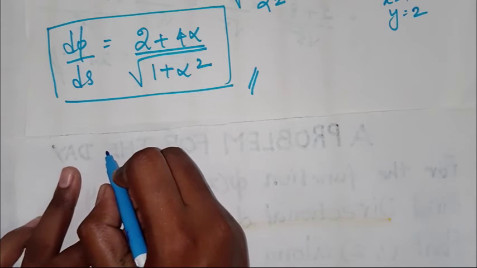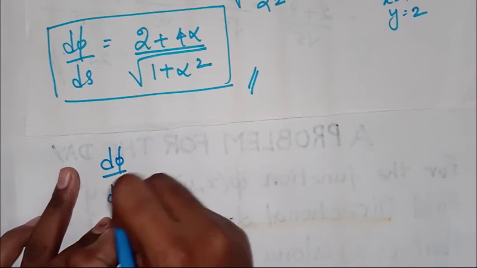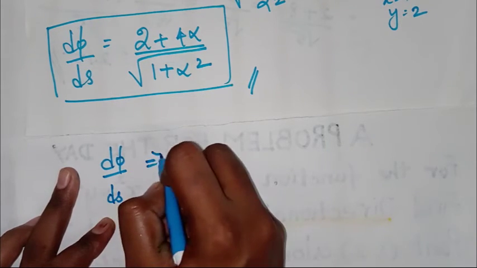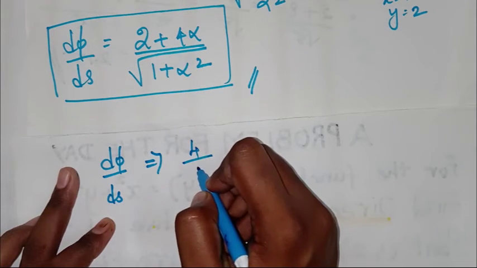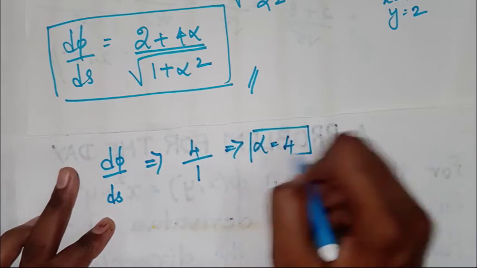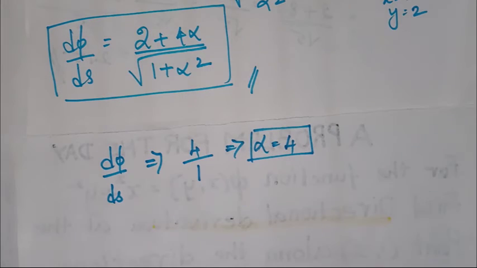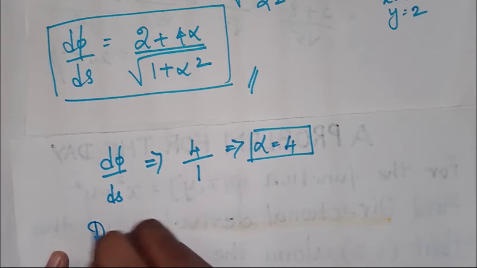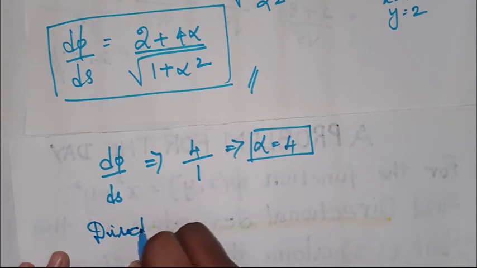So when I differentiate this particular term, I'll arrive at d phi by ds at the maximum will be 4 divided by 1, that is, alpha is equal to 4. Okay, so very simple. When you calculate it, you just differentiate the previous equation and equate it to 0, so we got alpha as 4.